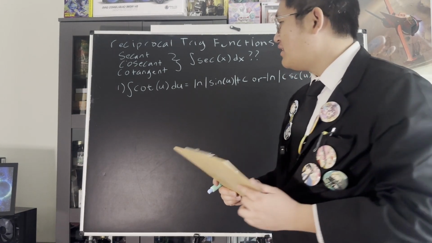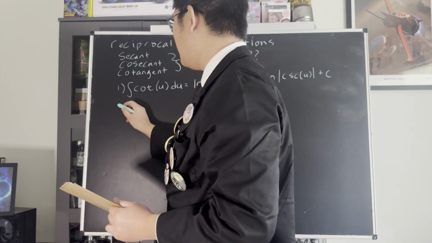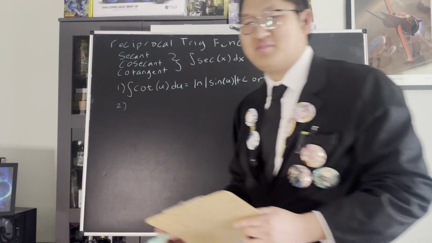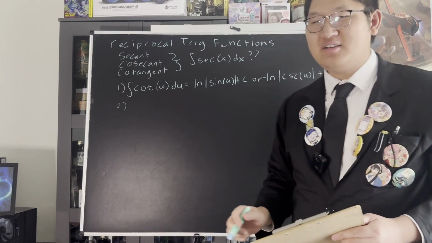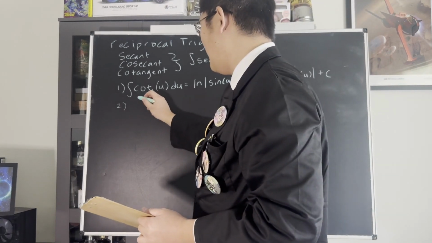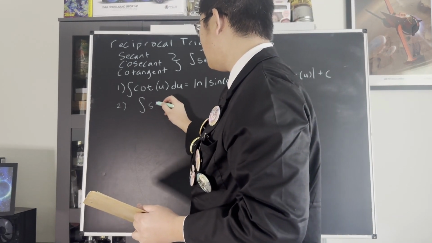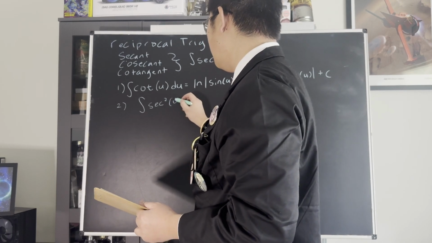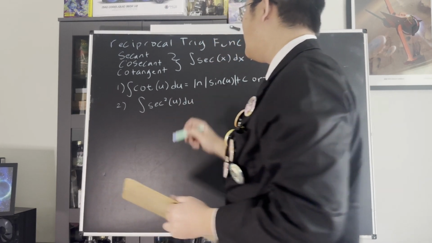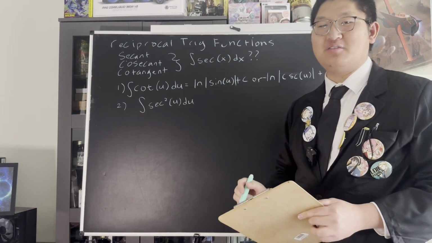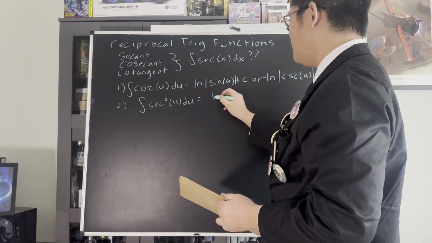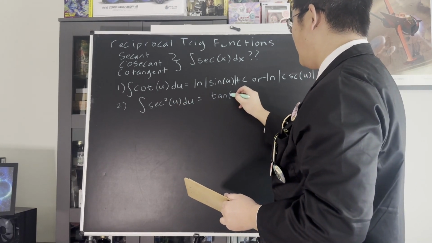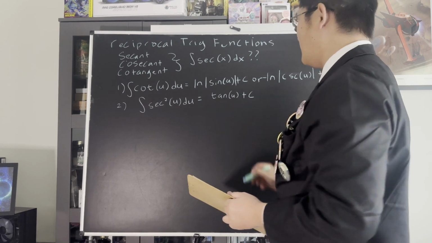Now we have the next issue: because secant and tangent aren't exactly one-to-one, we have to remember the integral of secant squared of u du. That is our most similar secant rule, because the secant squared goes backwards into tangent to the first power of u plus c.